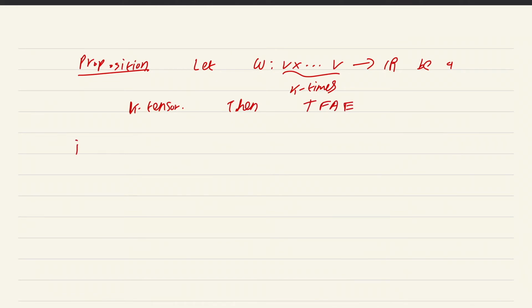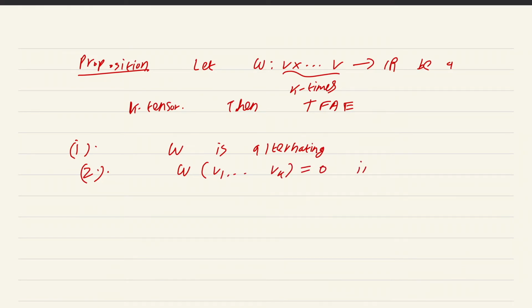Number 1, omega is alternating. Number 2, omega of v1 to vk is 0 if some vi equals vj, of course i is not equal to j.